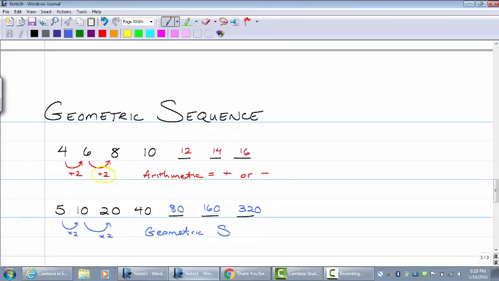A geometric sequence is a list of numbers following a multiplication or division pattern.